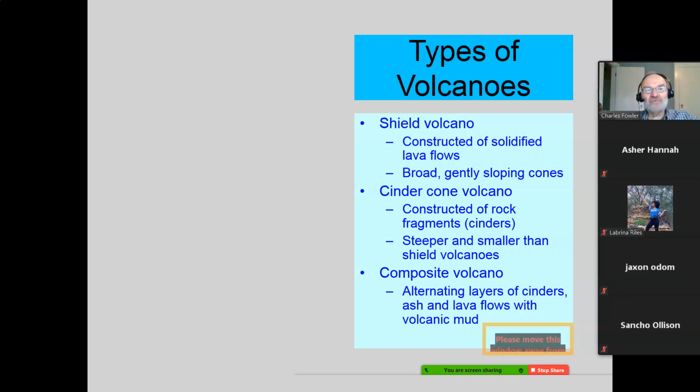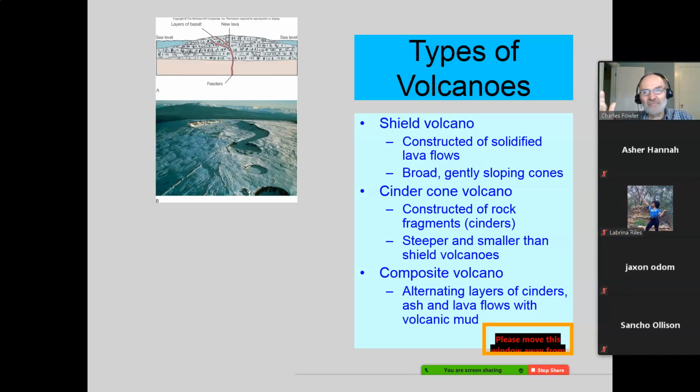Most of the time, because this was a liquid and there was no major explosion that made it happen, it's a broad, gently sloping cone, if you even see the cone. Here's going to be an example of one right there. I can't remember if this is Haleakala or this is Mauna Loa. Okay, one of the many volcanoes in Hawaii, because Hawaii is a volcanic island chain, and this is Mauna Loa.